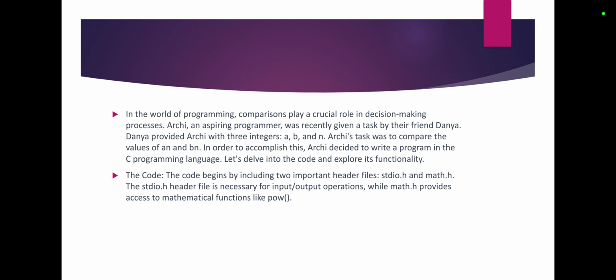The main function is the entry point of the program. Inside the main function, three integer variables a, b, and n are declared. These variables will store the input values provided by the user.